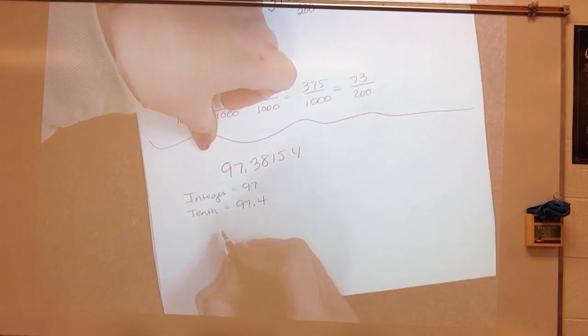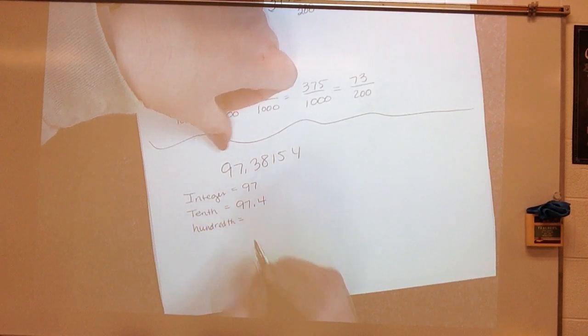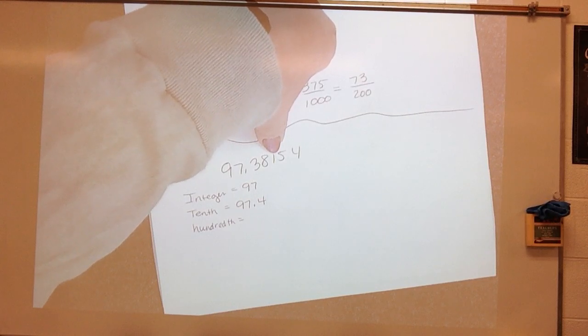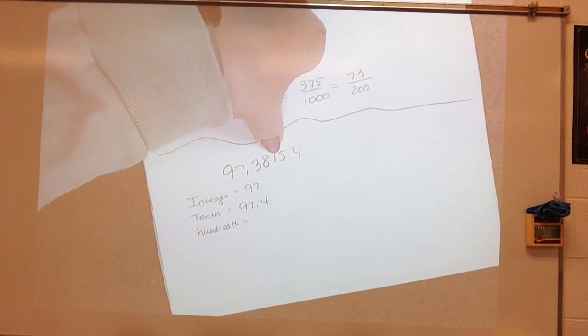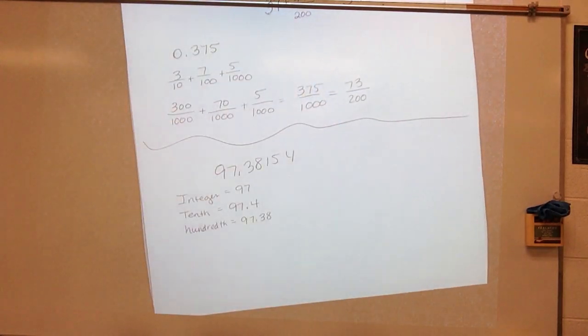If I ask you to round it to the nearest 100th, go to your 100th spot, look at the number after it. It is not 5 or above, so I'm going to leave that as 97.38. All right, I think you get the point of this. All right, so that is how to do decimals to fractions, fractions to decimals, and how to round decimals.